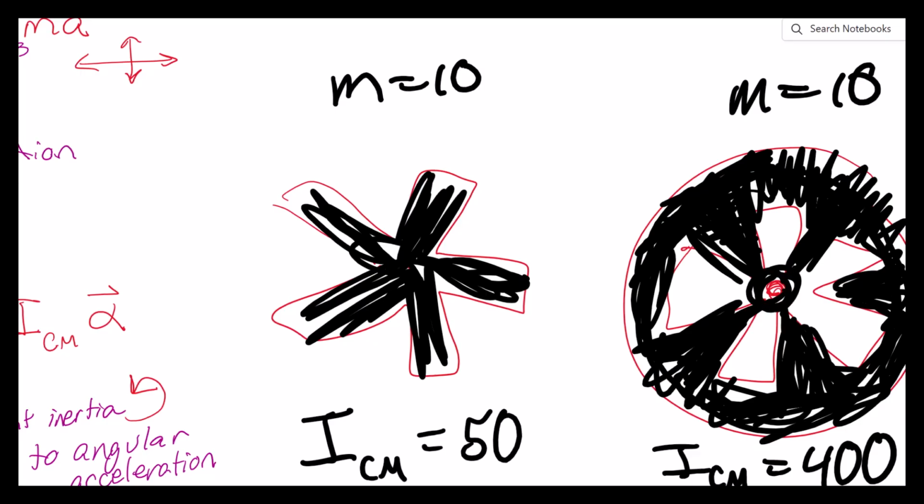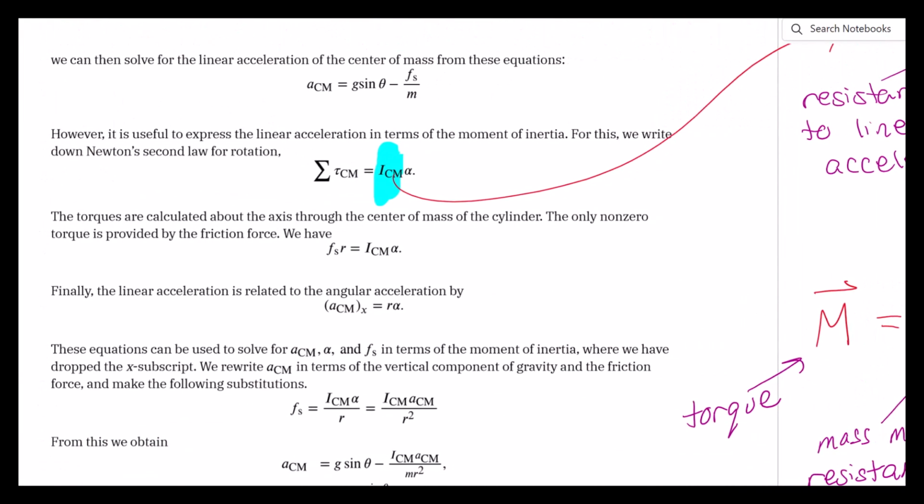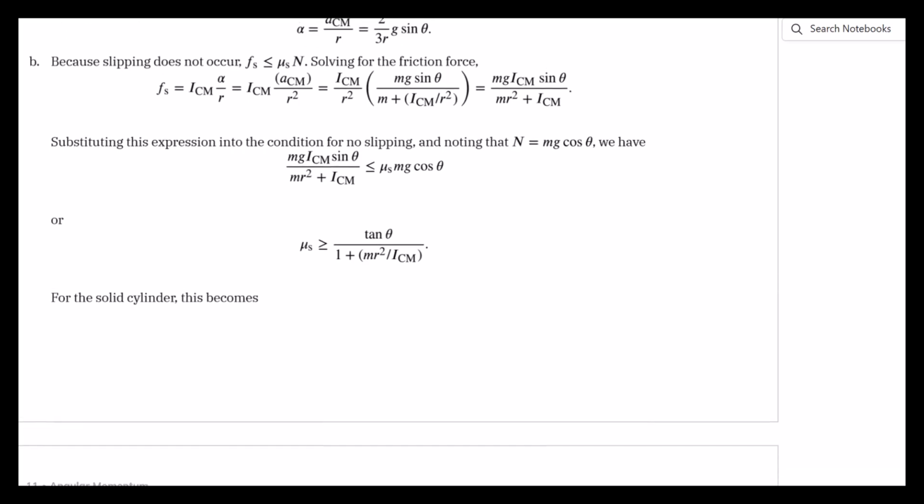Okay, so basically the idea is we're looking at torque, which we only have marginally talked about, basically saying that the way that the mass is distributed around an object, the harder it is to get it to rotate. And that makes things pretty crazy.